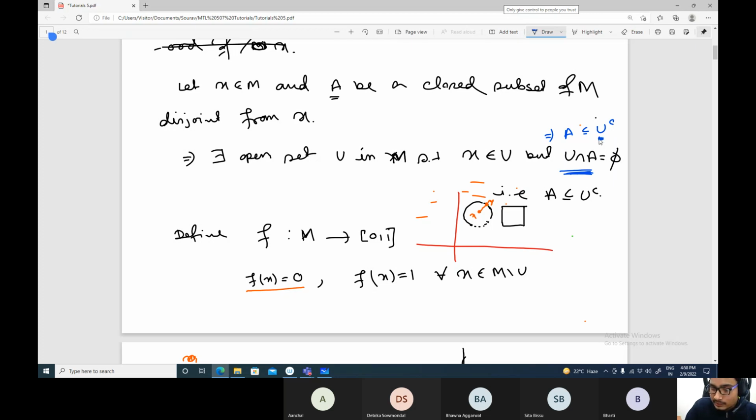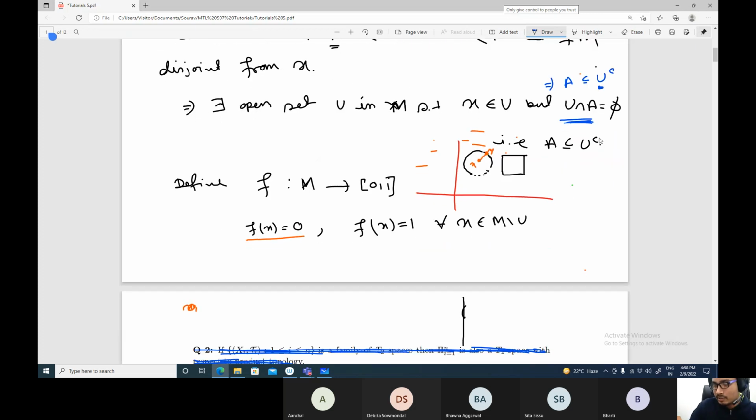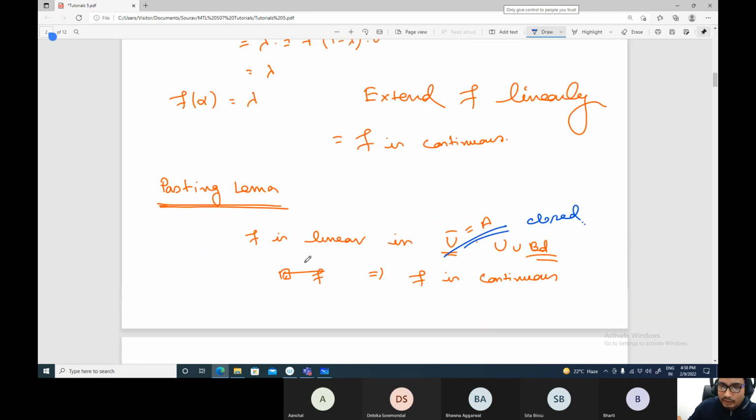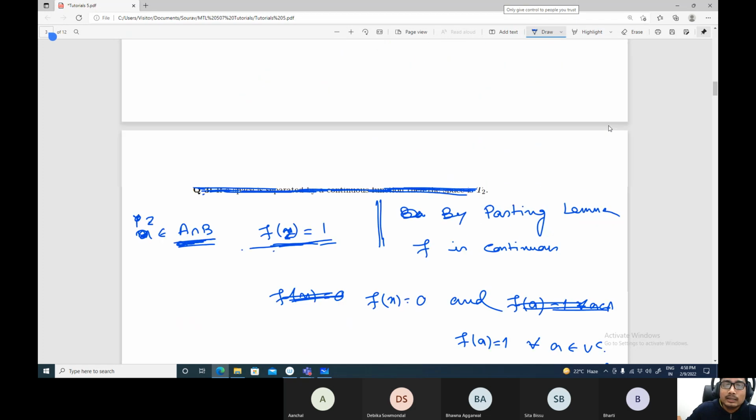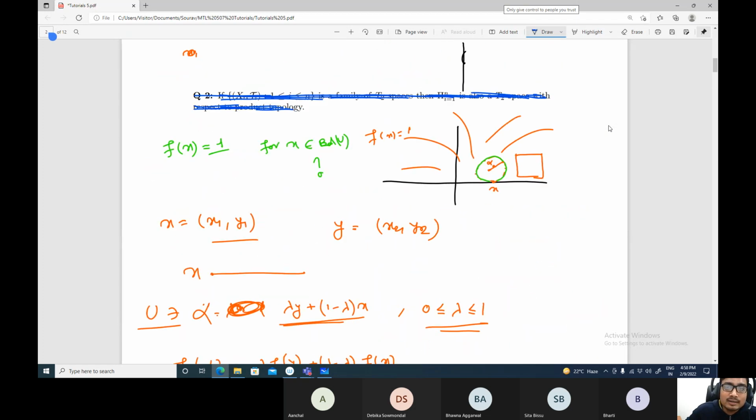So A is a subset of U complement and the functional value is 1 in U complement. Therefore f(a) is equal to 1 for all a belonging to A. So we have proved that the Moore space is completely regular.